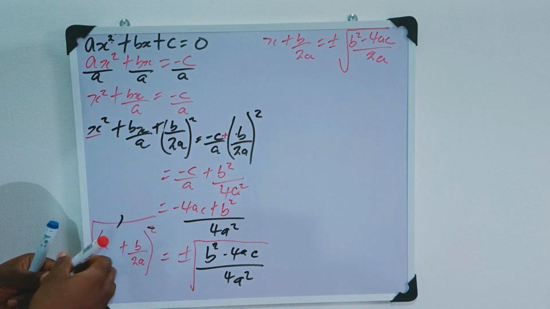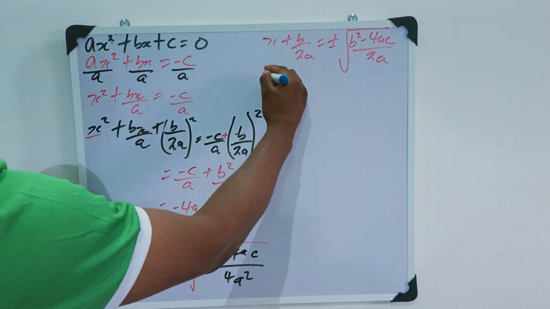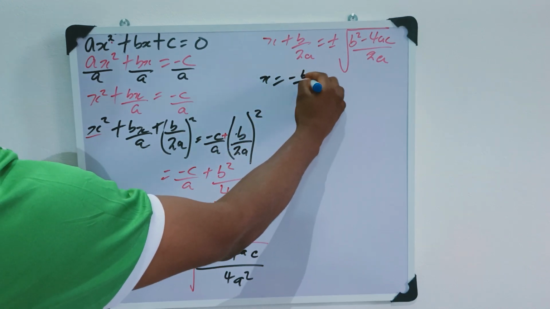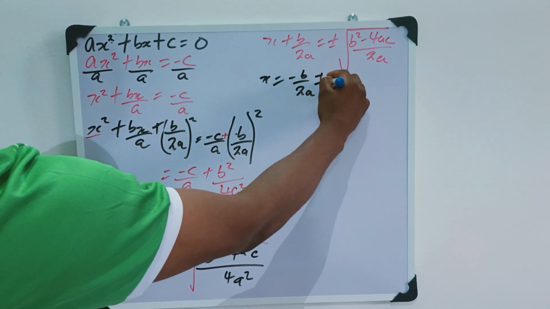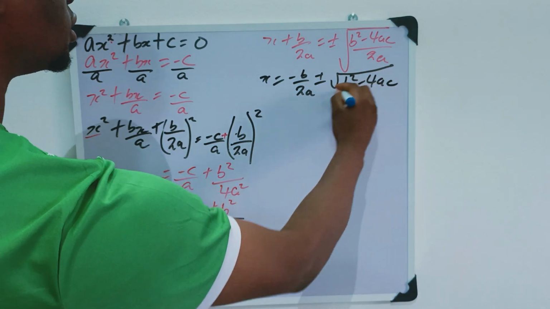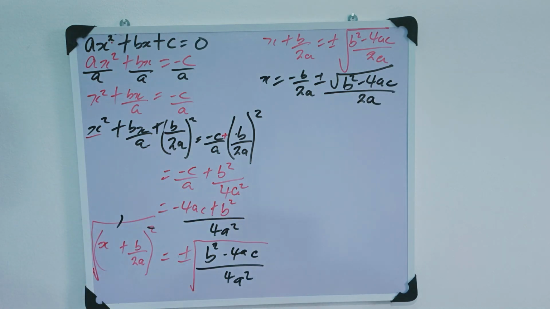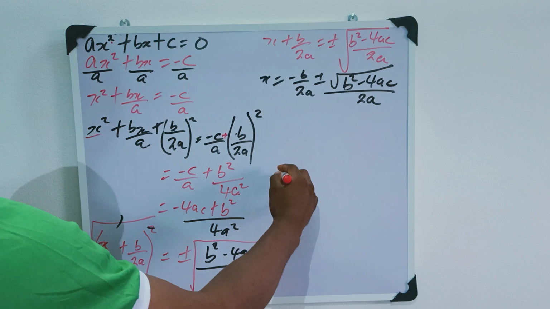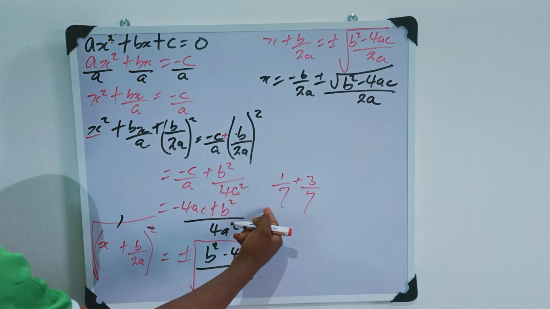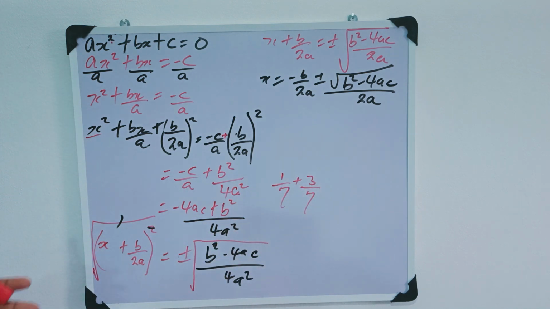Now we can make x the subject of the formula right here. So x would be equal to negative b over 2a plus or minus square root of b squared minus 4ac all over 2a. In maths, if we have, let's say, 1 over 7 plus 3 over 7, if the denominators are the same, you can just add up the numerators and have it over 7.